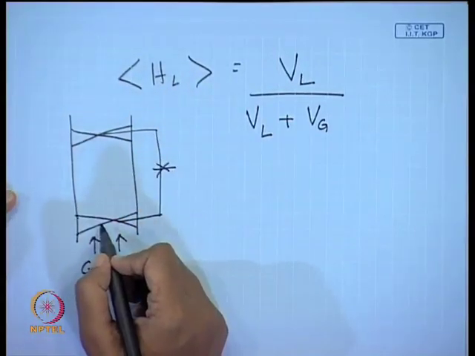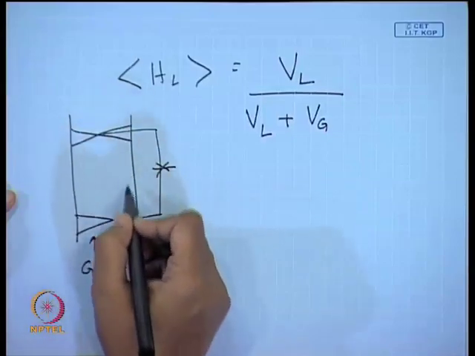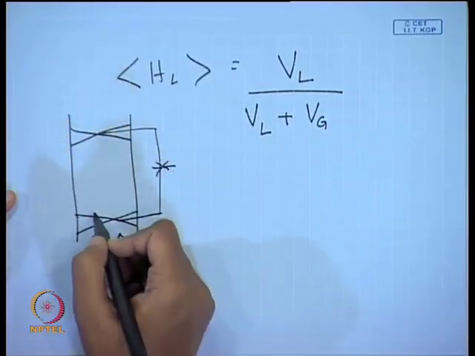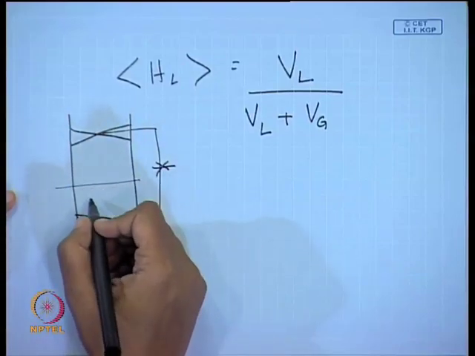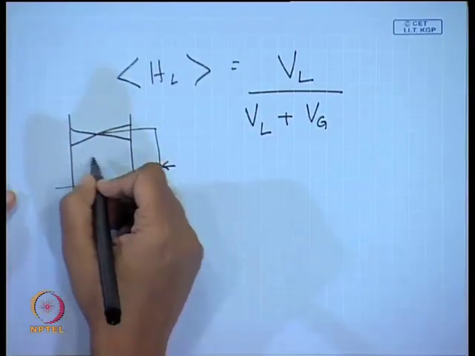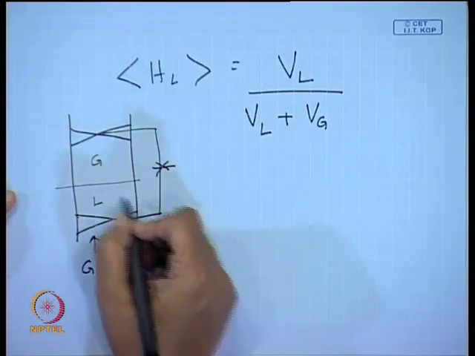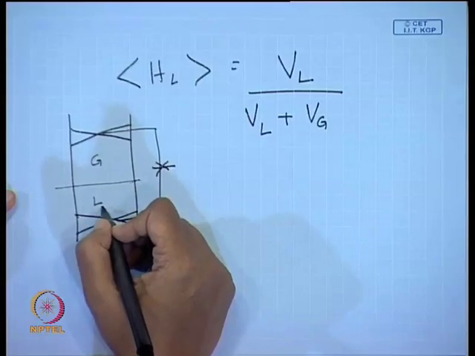Then what happens? Instantaneously the two phase mixture gets trapped here, and then they start separating due to density, and the heavier phase, if it is the liquid phase, settles down here, the gas phase is at the top. If we have a graph paper or something here, we can easily measure the volume which is occupied by the liquid phase.